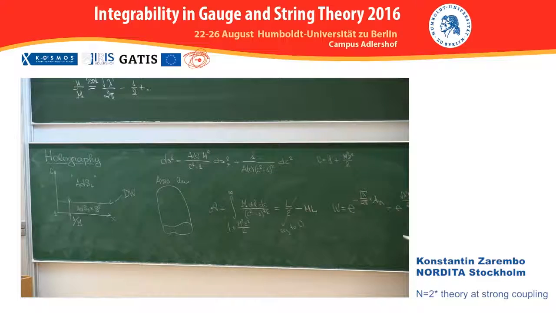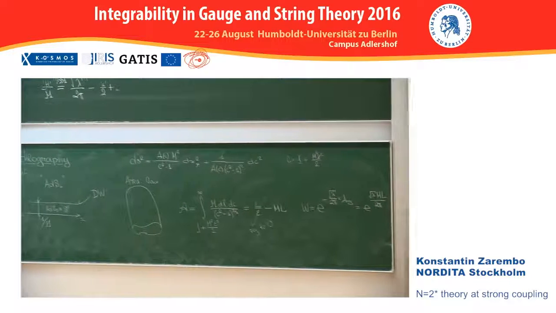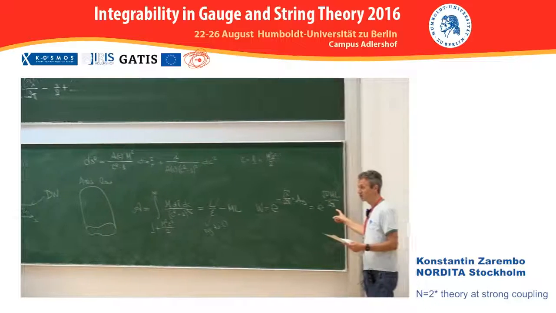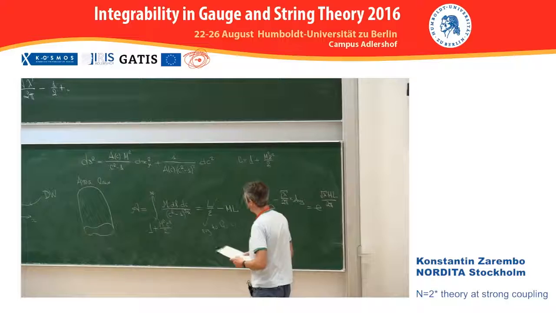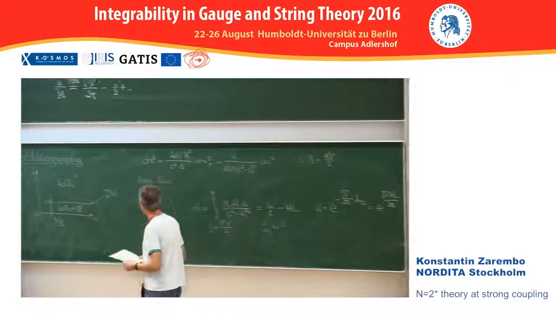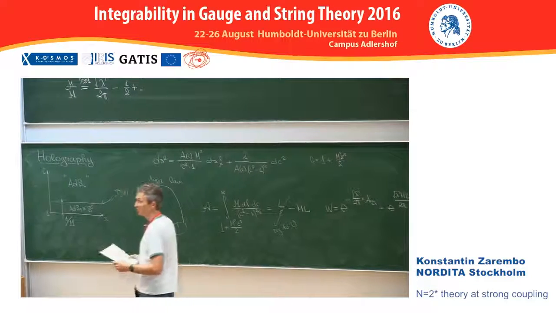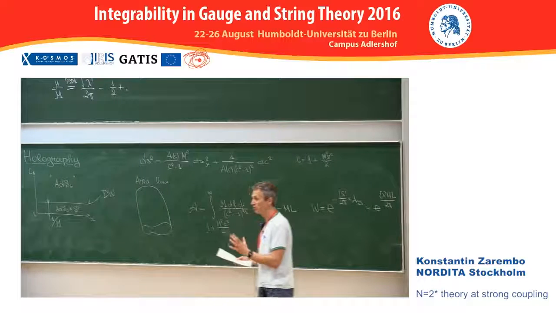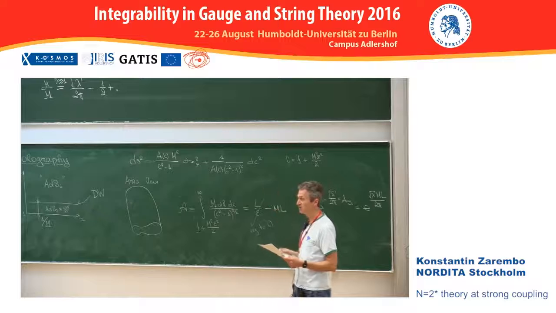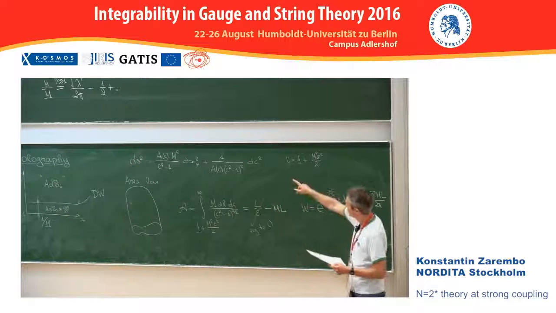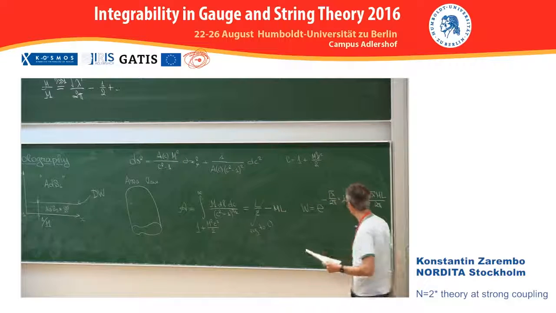So we get the perimeter law with the coefficient that matches the field theory prediction. All right. But in field theory, we know now a little bit more. We also know the next coefficient. So the question is, where does this shift by 1/2 come from?